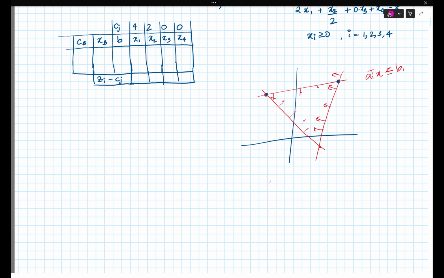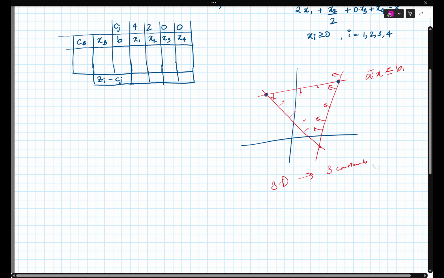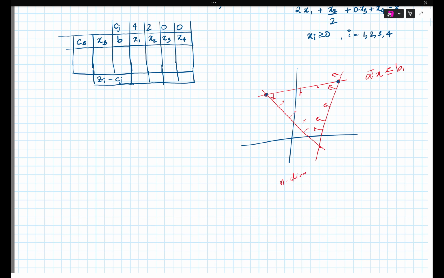And in 3 dimensions, similarly, you need three constraints. So in n dimensions, you need n.